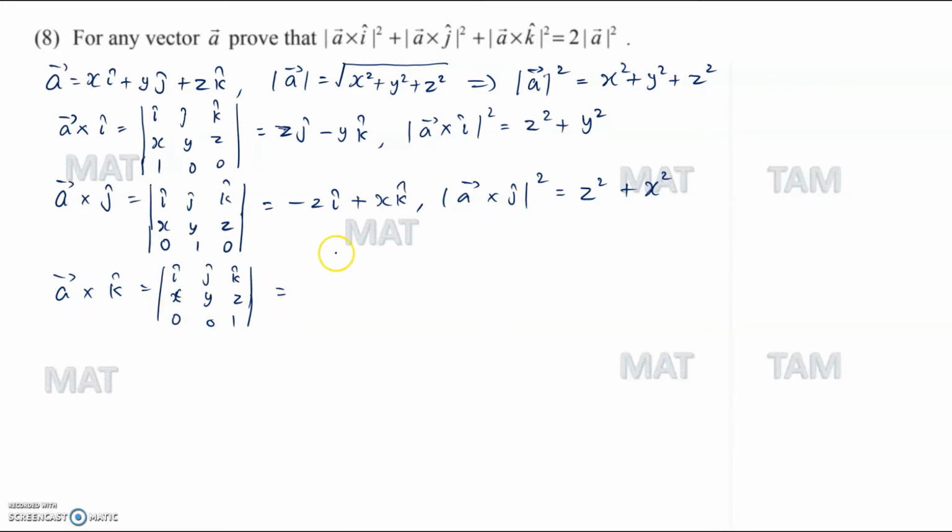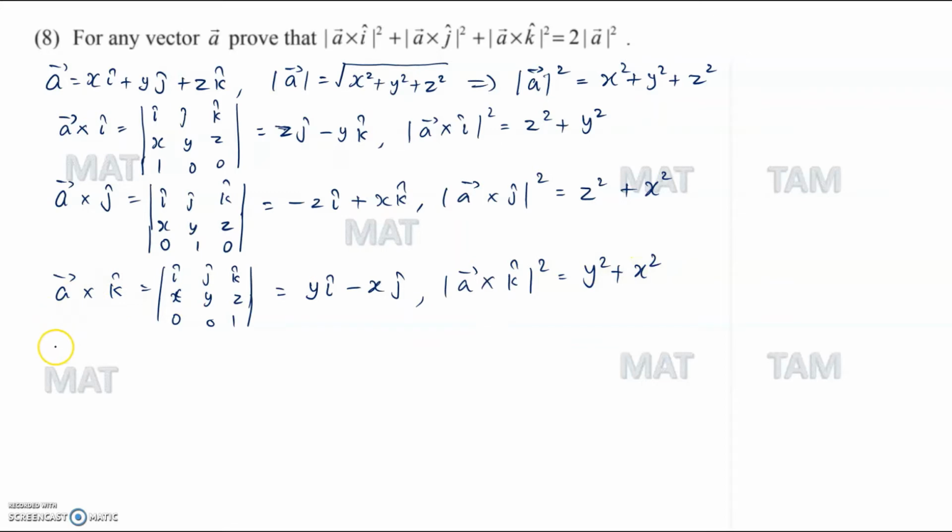And that's going to be equal to I cap into y, so y I cap, minus j cap into x, so minus x j cap, and k cap will be 0. So the magnitude of A cross product with k cap squared will be equal to y squared plus x squared.